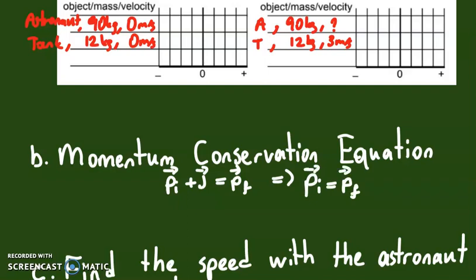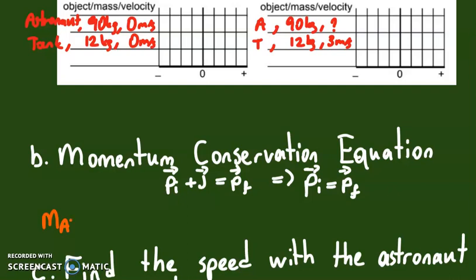Okay, now let's write what we know, the general equation. So momentum before the collision is, I'm going to write down mass of, I'm going to put A here for the astronaut. You can put 90, or you can label it however you want. Since they both have different names, A and T, I'm going to just put it like that.